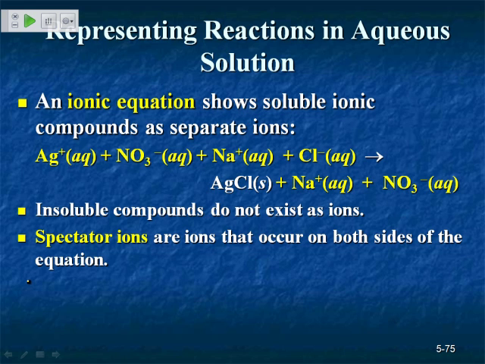So insoluble compounds do not exist as ions, and the ions that exist on both sides of the equation, both sides meaning the left side and right side of the arrow, on the reactant side and on the product side, are called spectator ions.